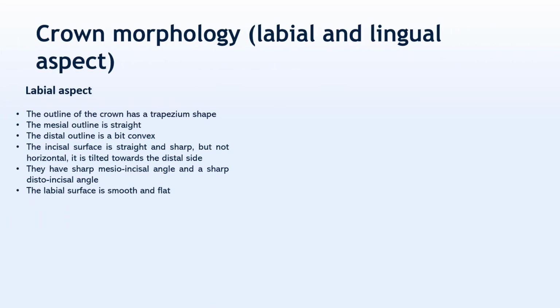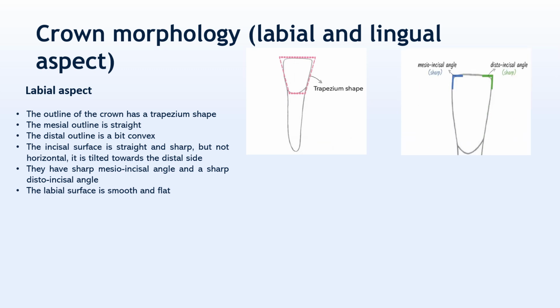Now I'm going to discuss the crown morphology of the tooth. When we look at the labial aspect, the outline of the crown has a trapezium shape. The mesial outline is straight, but the distal outline is a bit convex, but a little more to straight. The incisal surface is straight and sharp, but it is not horizontal.